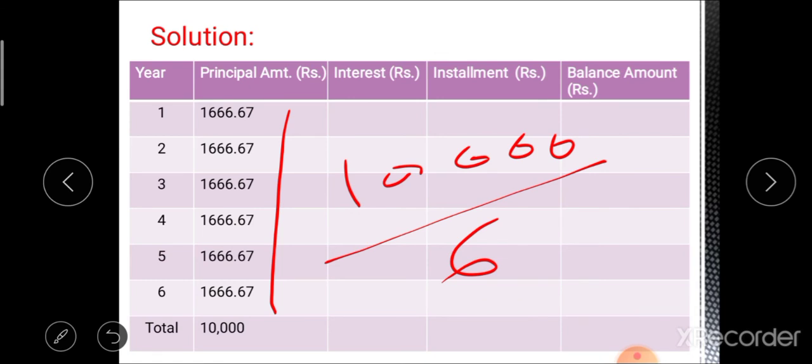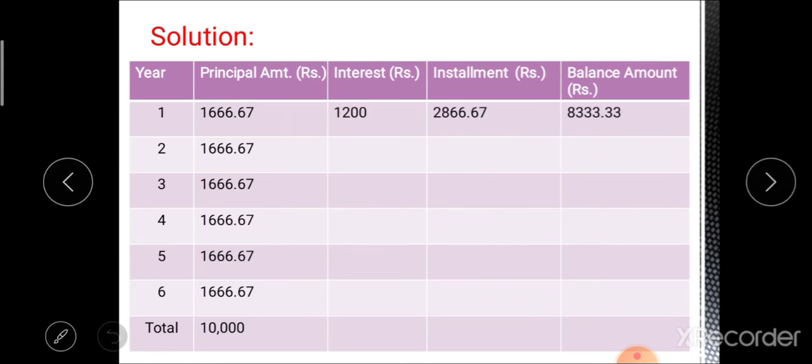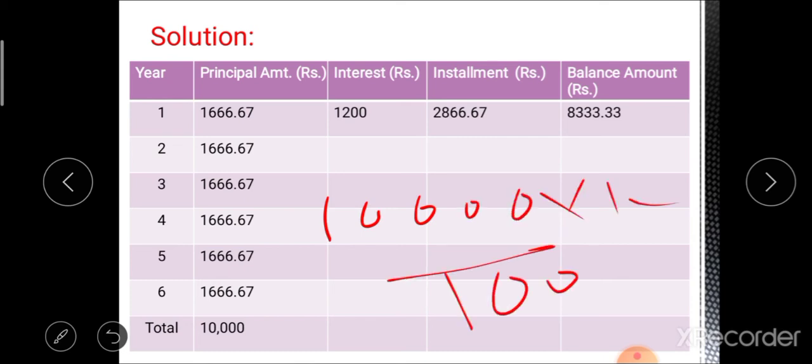After that, the next step is calculation of interest. Similarly, for the first year calculate the interest on 10,000 rupees, that is 10,000 into 12 divided by 100, we get the interest of the first year. Then the installment is the summation of principal amount plus interest. And the last one is the remaining balance.